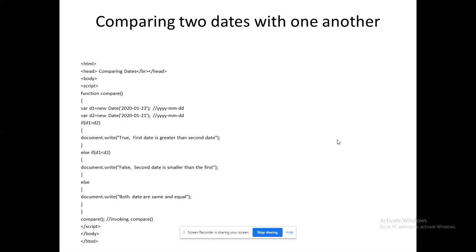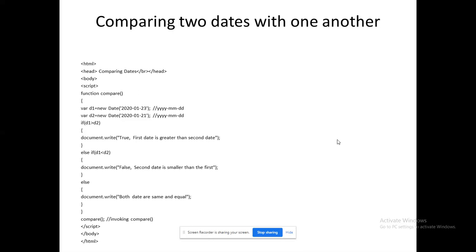Using the date object, I can get two dates, D1 and D2. If I need to compare which date is going to come first and which date second, simply by using a relational operator I can find it out. Here we are using greater than and less than. By that, I can find out which date will come first and which second.